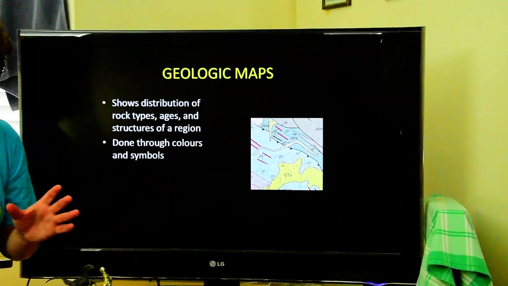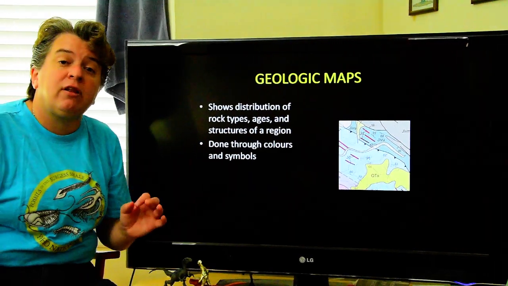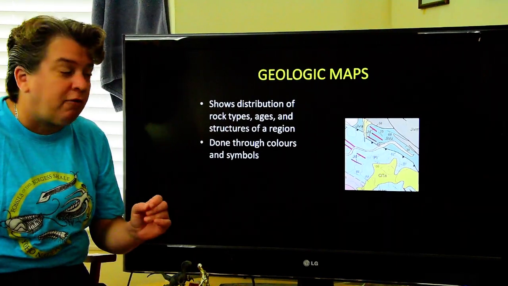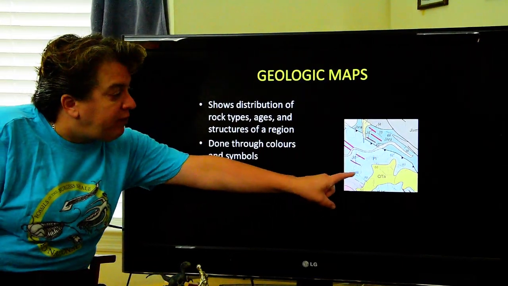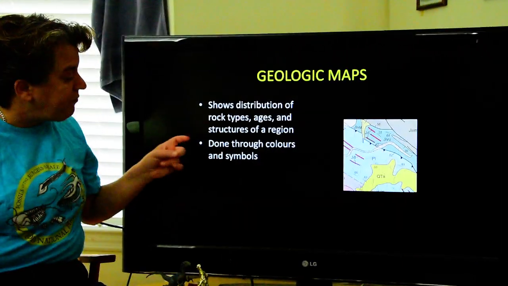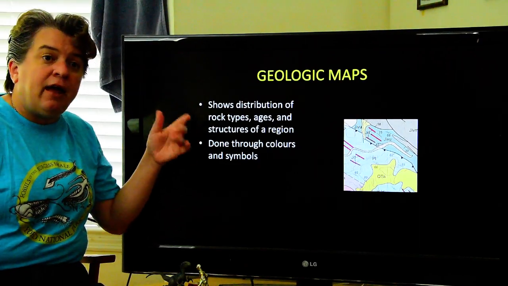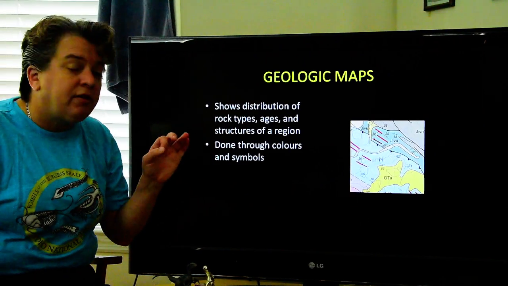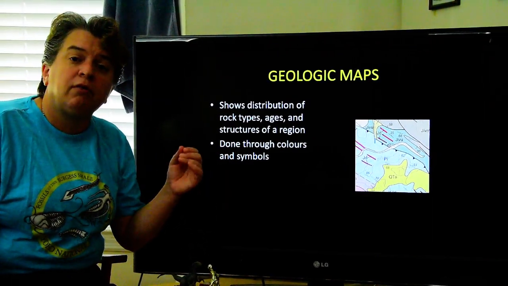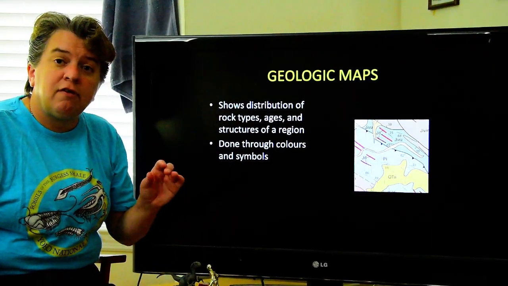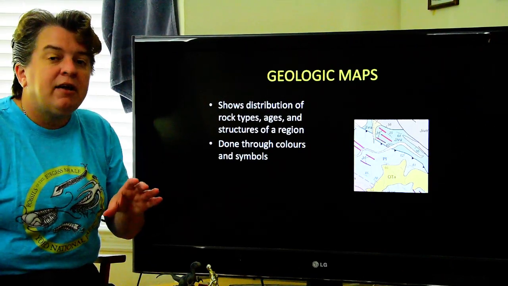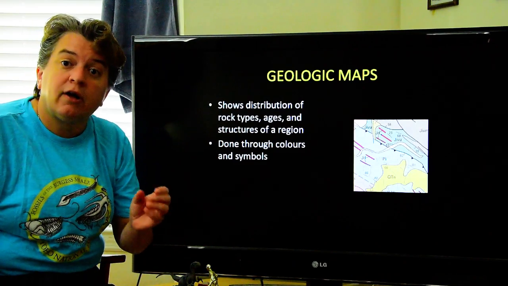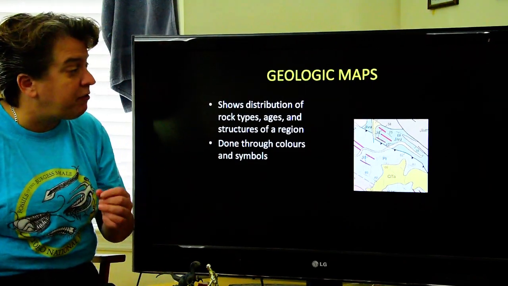So anytime you're dealing with any geologic maps, make sure to look very carefully for all those little details on there, because the age, the structures, the rock type, and so on are all done through the different colors and symbols on the map. And so these maps are not the sort of thing you can just glance at and be done with. You want to look at the details.